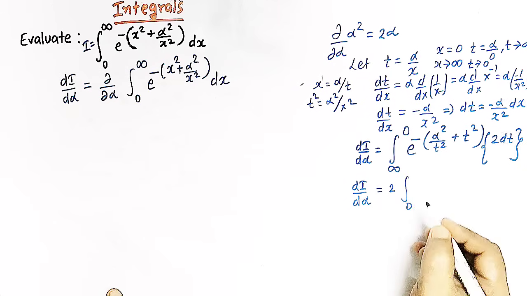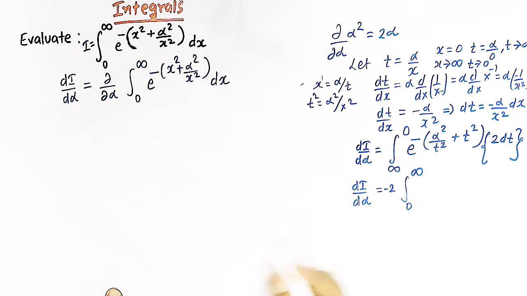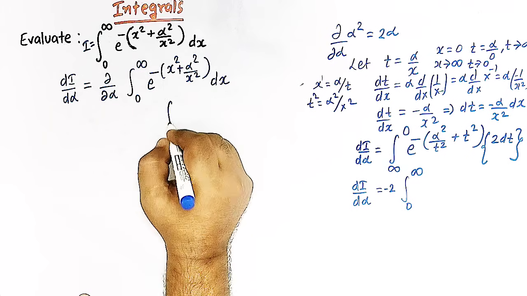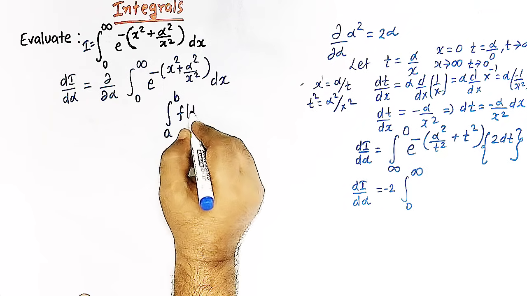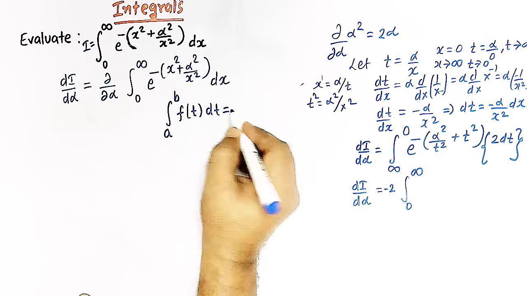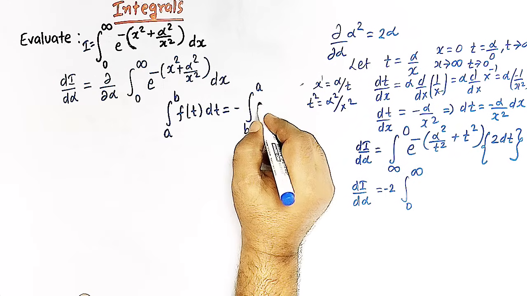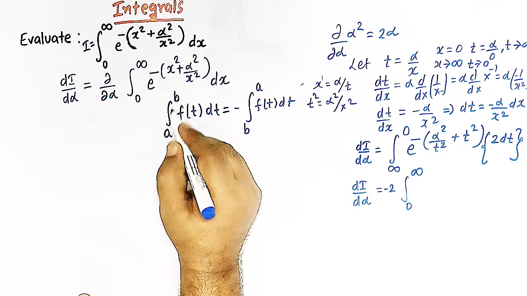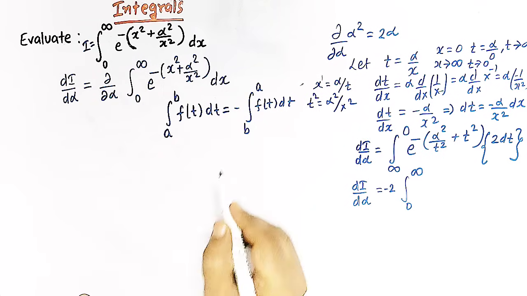So we have 0 to infinity, and we put a negative sign over here, because from the properties of definite integrals we know that the integral from a to b of f of t dt is equal to the negative of the integral from b to a of f of t dt. So when we interchange the limits, then we have a negative sign over here.